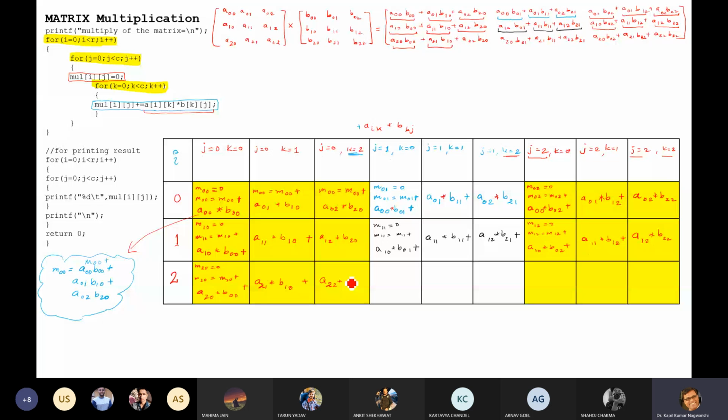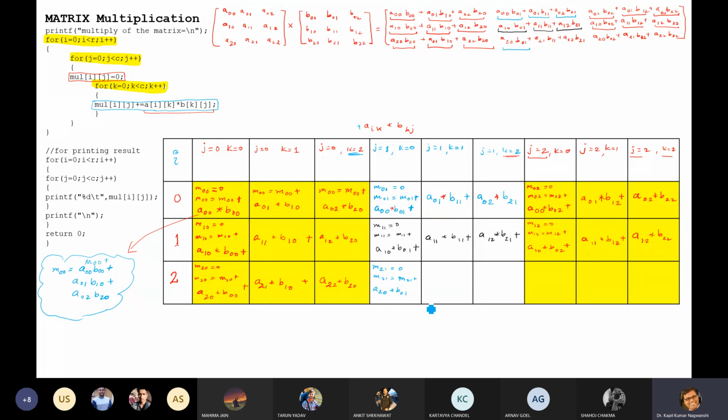j is changed now. So this is m21 equals 0. m21 equals m21 plus a, I is 2, k is 0 multiplied by b, k is 0, j is 1.